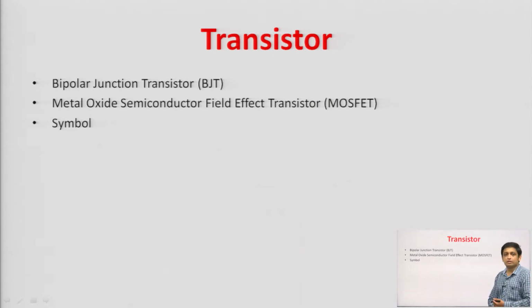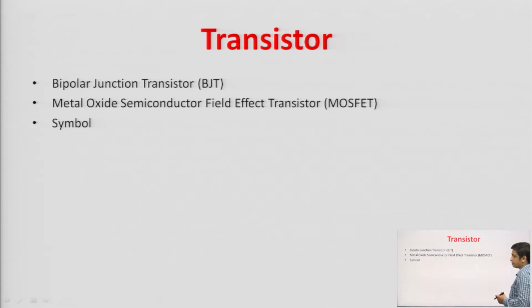First of all we should know the basics of transistor, because we are going to study the amplifier circuits and design that amplifier circuit using BJT. Transistor is mainly of two types, one is BJT and another one is FET, and in FET there is JFET and MOSFET.